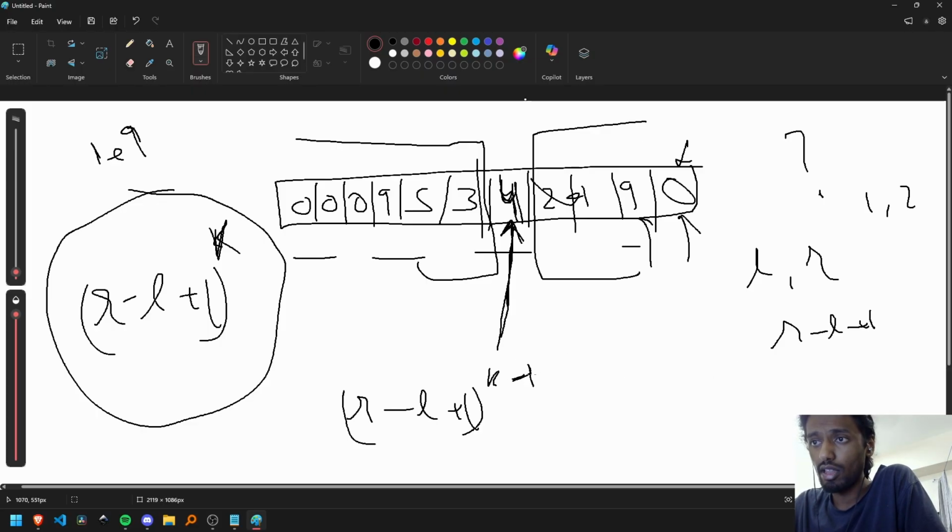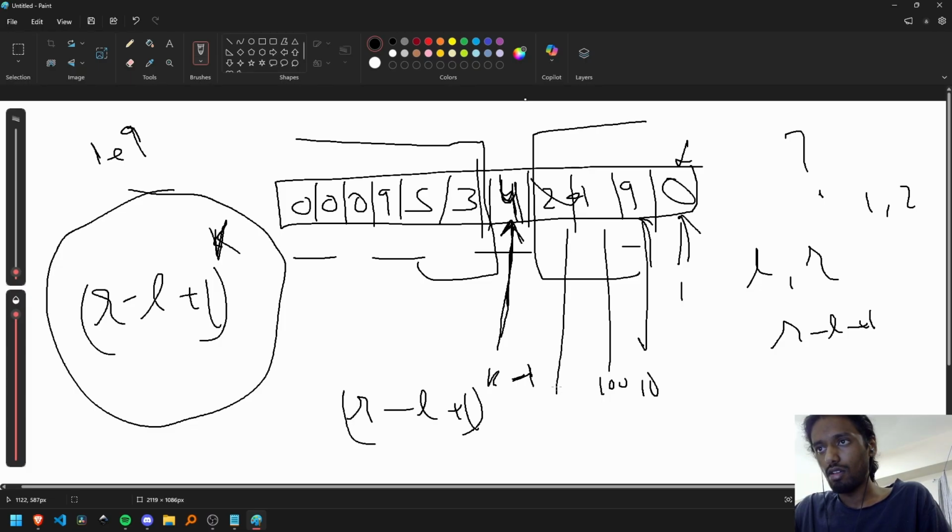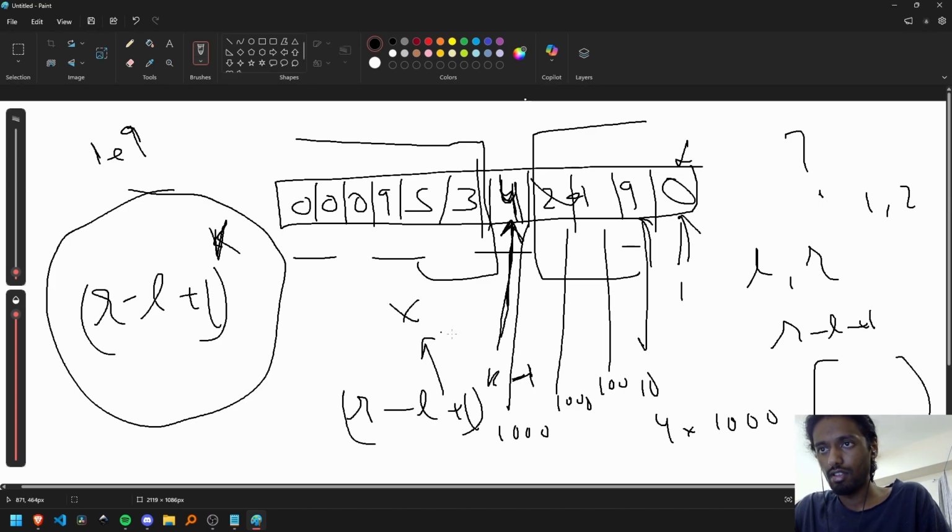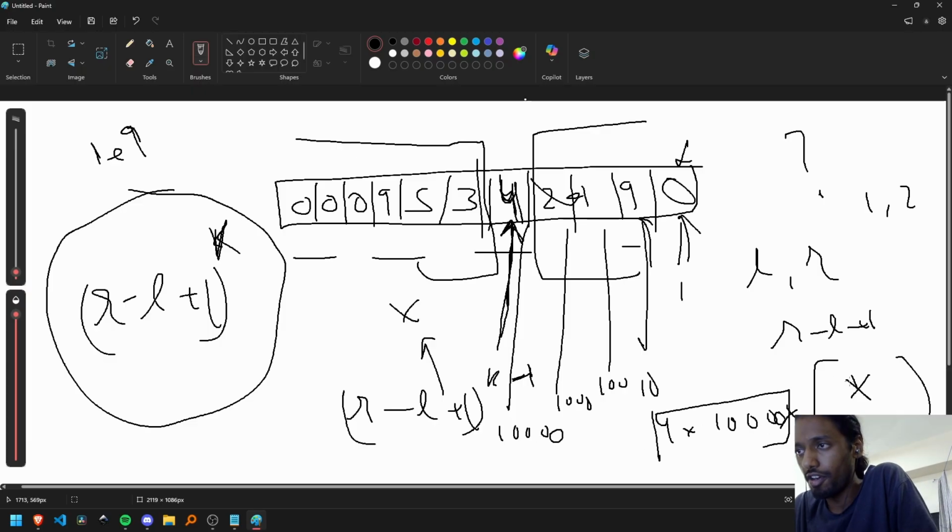And now how much is this 4 exactly contributing? This is the ones place, this is the tens place, hundreds, thousands, and 10,000, right? So this 4 is contributing 4 into 10,000, into its place value, into the number of such numbers.